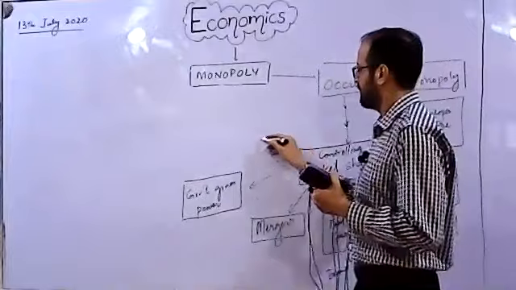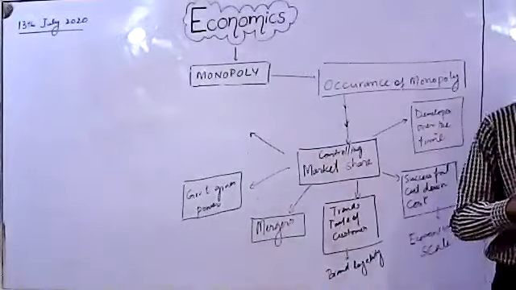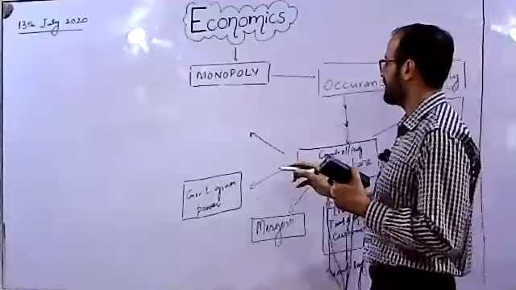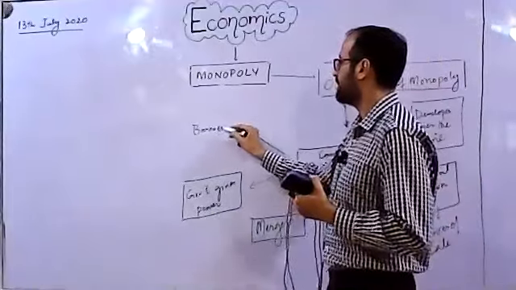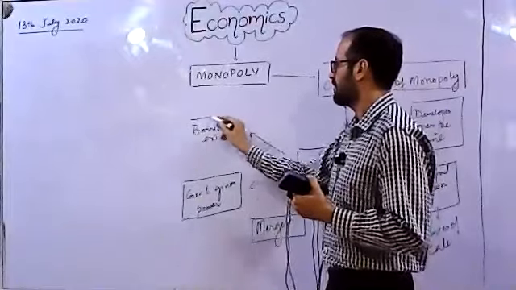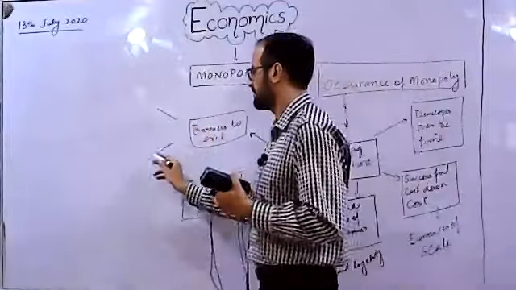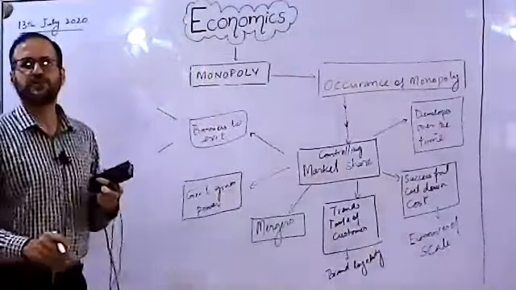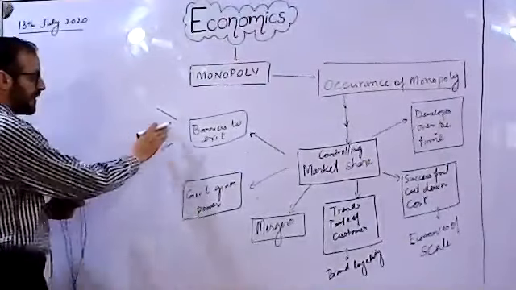Okay. Now, there can be another reason why there would be a monopoly, when there are barriers to exit. Now, this is something very interesting. Sometimes when you want to exit, being a monopolist, you can't. Why?